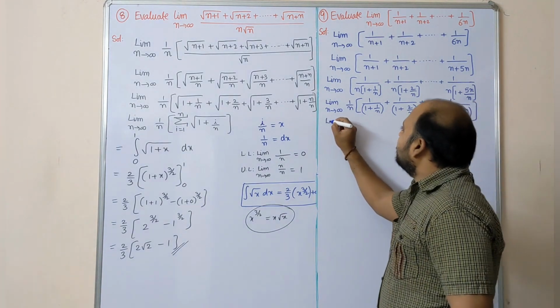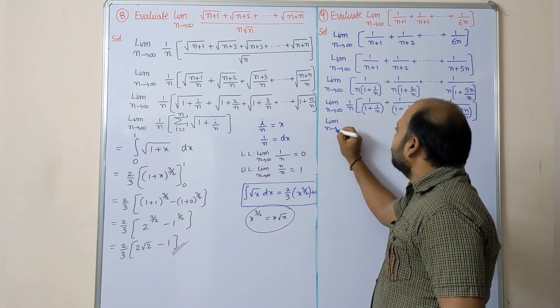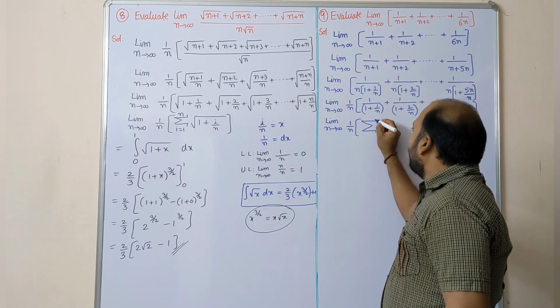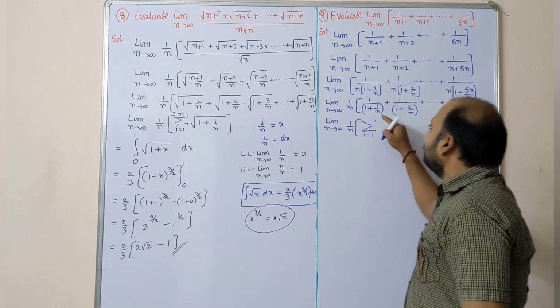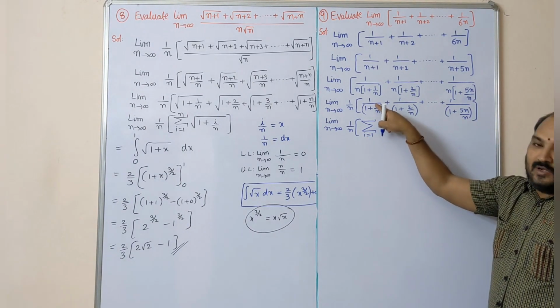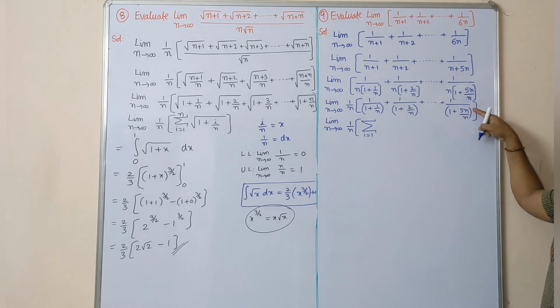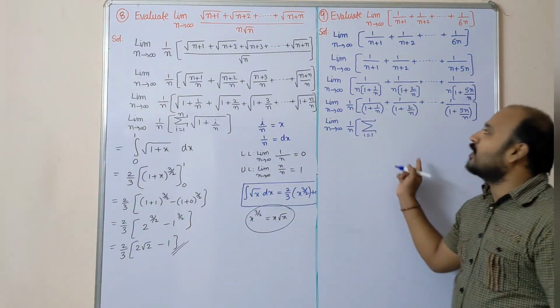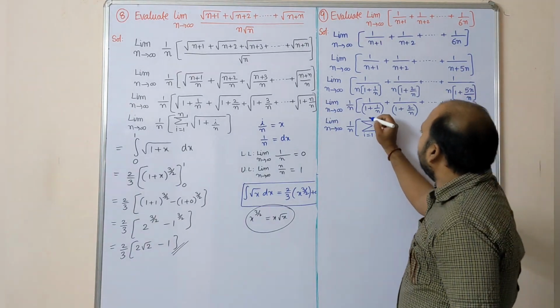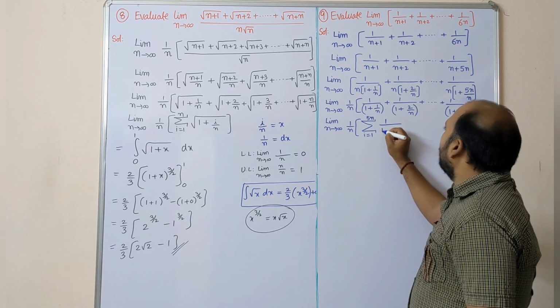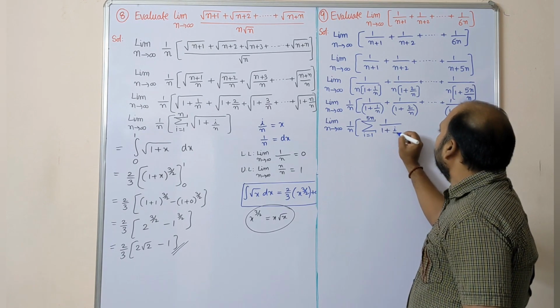So the limit n tends to infinity of 1 by n sigma, i equal to 1 to where? 5n. You remember, dear students, that is the difference between this problem and the previous problem. So i is equal to 1 to 5n of 1 by 1 plus i by n.